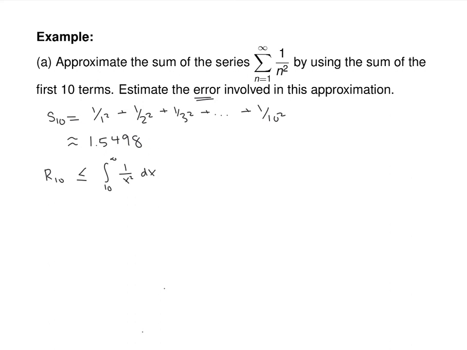This will give us a worst case scenario for how much we're off by. And that's actually not very hard to compute. That's the limit as b goes to infinity of the integral from 10 to b of x to the negative 2 dx. So the antiderivative of x to the negative 2 is negative x to the negative first.